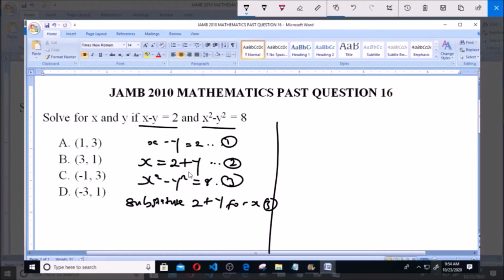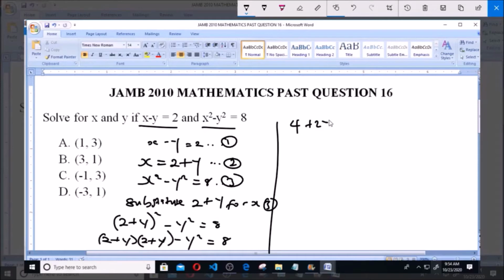So now we have x squared minus y squared, meaning 2 plus y, everything squared, minus y squared is equal to 8. Now opening these brackets, we'll have 2 plus y multiplied by 2 plus y, minus y squared, equal to 8. 2 multiplied by 2 gives us 4, 2 multiplied by y gives us plus 2y, y multiplied by 2 gives us plus 2y, and y multiplied by y gives us y squared, minus y squared equals 8.